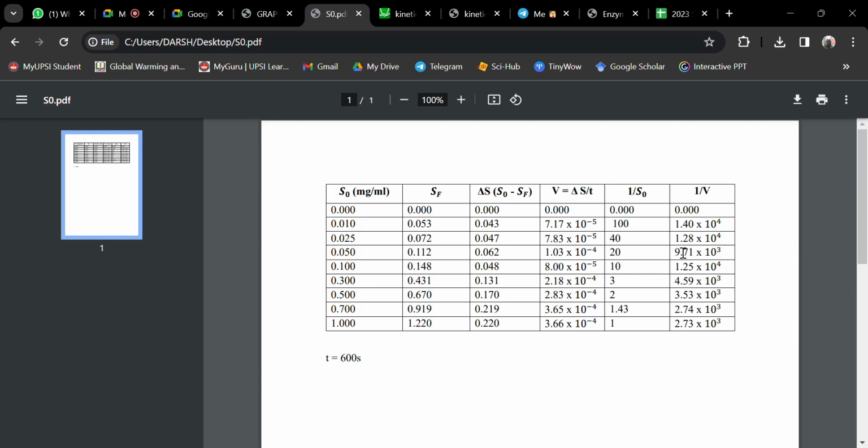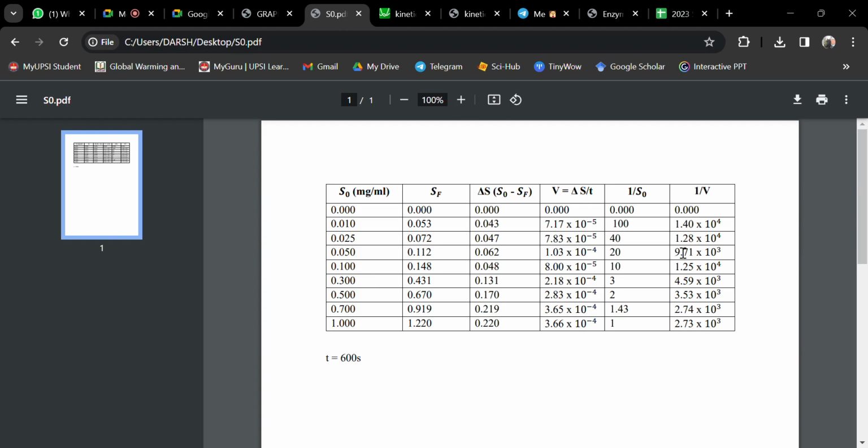Nilai delta S. If you want to plot Michaelis Menten, you're going to require nilai V. V tu ialah velocity kan. V ialah delta S over T. Betul tak? Delta S that you measure is how much product is being produced over time.